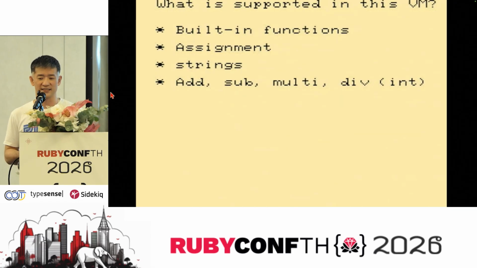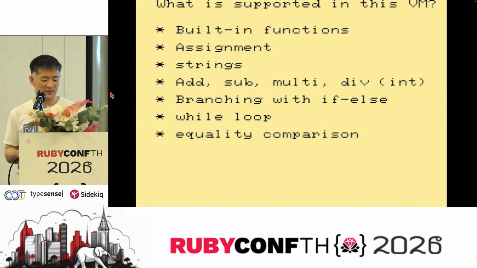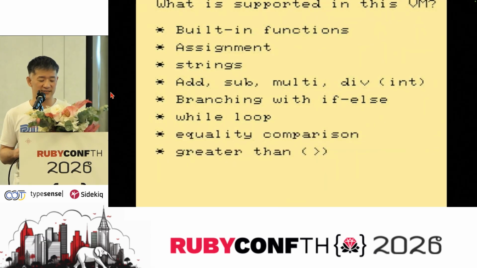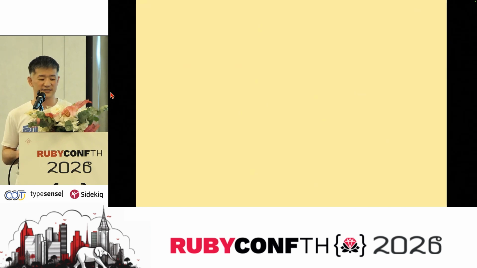And also integer operations are supported, but there's no float support. And if-else branching, and also while loop is the only form of loop supported. There's no other form of loop, and there's no looping through enumerator with each either. And equality comparison, greater than comparison. And also you can define array and you can access array. You can modify arrays and many more features.